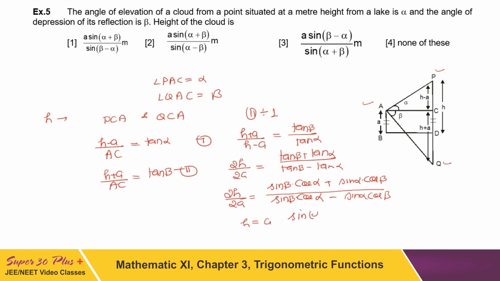It is sin(alpha plus beta) whole upon sin(beta minus alpha). What is the answer? Answer is option A. This is the correct answer.